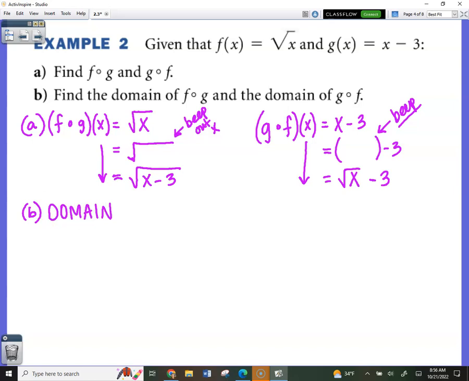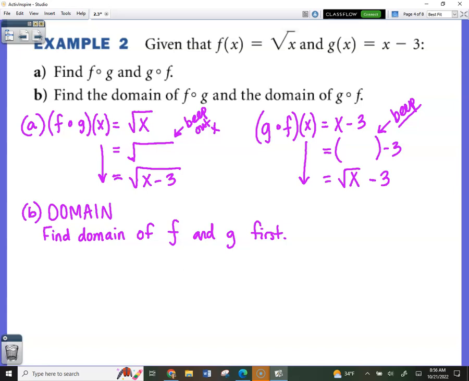If we are discussing the domain of f of g and g of f, we need to know the domain of just f and of just g before we can talk about composing them. So make a note. Find domain of f and g first, like by themselves.